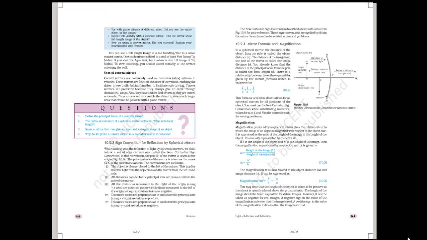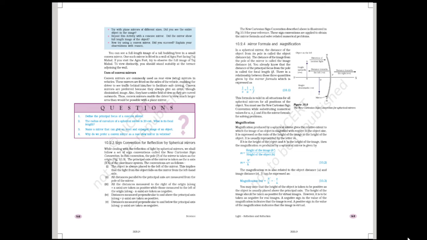And you already know that the distance between the principal focus and the pole is called the focal length. This is the relationship between these three quantities, given by the mirror formula, which is expressed as 1 upon v plus 1 upon u is equal to 1 upon f.